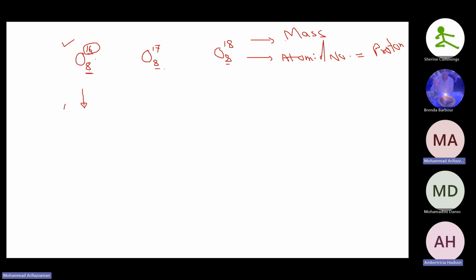The mass number means the number of protons plus the number of neutrons. So that is 16, and in this oxygen the neutrons are 8. Now, can you calculate the neutrons from here? 17 is the mass number and the proton number is 8.